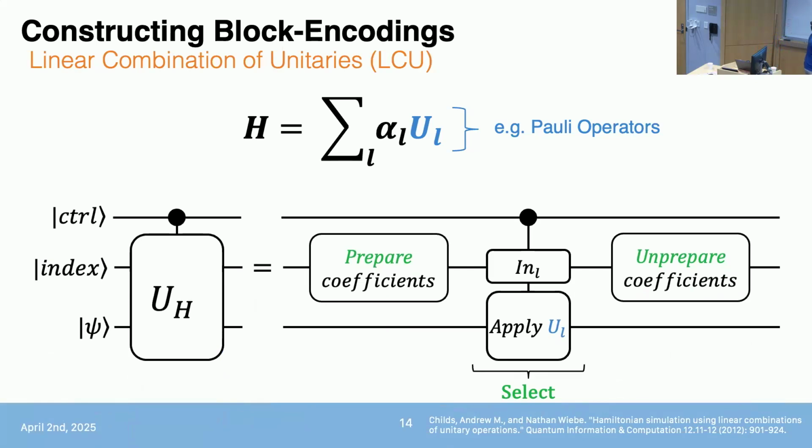The point I want to get across is that prepare basically just prepares the coefficients of this linear combination, these alpha L's, and select applies the unitaries associated with those coefficients onto the system. Then I just unprepare my coefficients, and that gives me a block of my Hamiltonian. The rescaling factor for this framework is just the one norm of the coefficients of that linear combination.